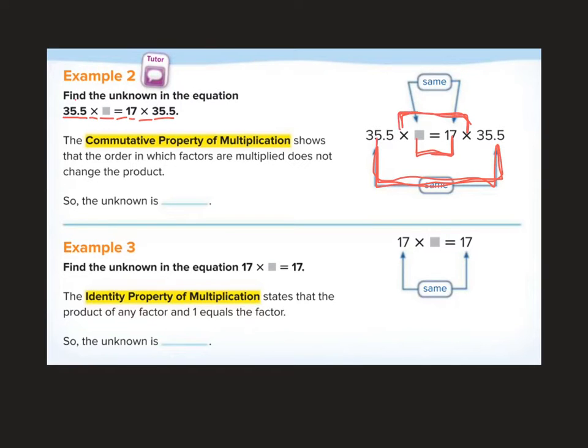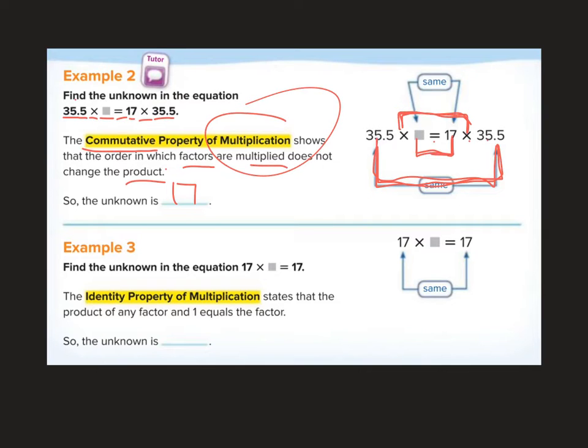Because of the commutative property, the order in which factors are multiplied does not change the product. We know that the unknown is 17. This is saying 35 and 5/10 times 17 is the same as 17 times 35 and 5/10. That's the commutative property. It says we can switch them around in multiplication and addition.